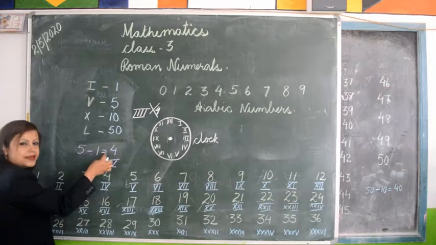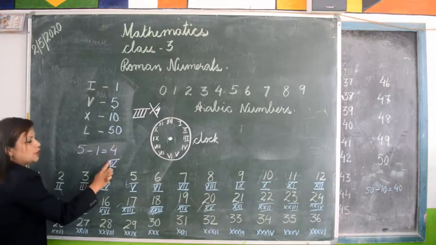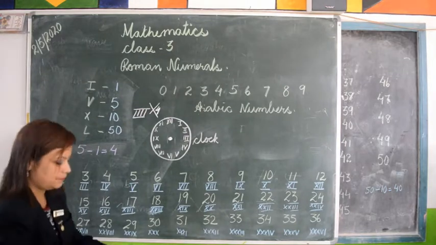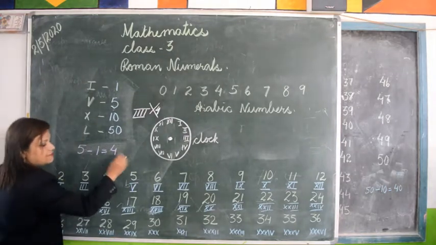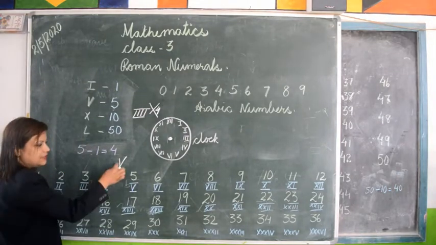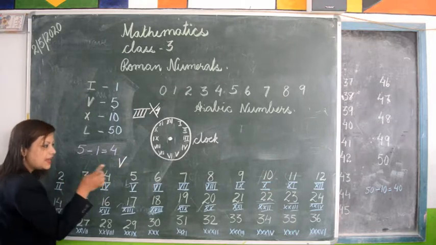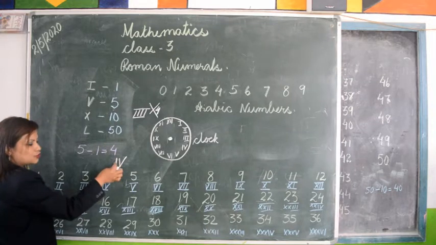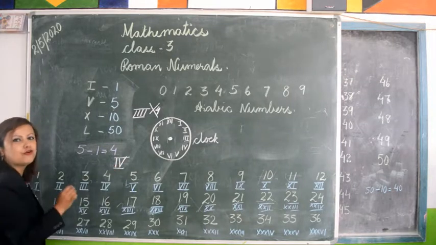So when you make Roman numerals, you write 5 first. The letter V represents 5 and the letter I represents 1. So 5 minus 1 makes 4.